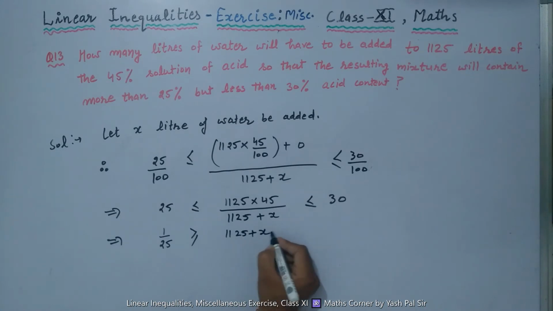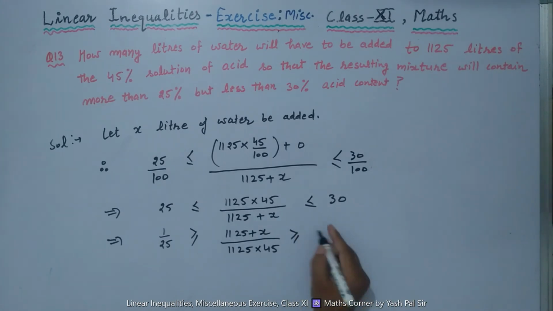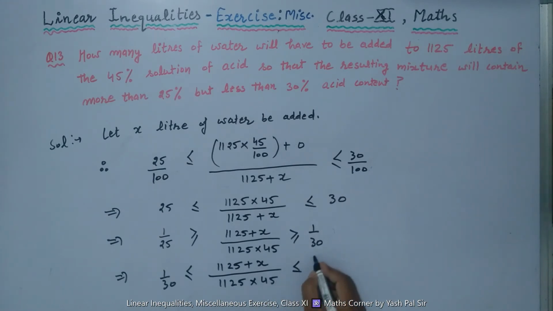So 1125 plus x divided by 1125 into 45 is greater than or equal to 1 upon 30, and less than or equal to 1 upon 25, right?